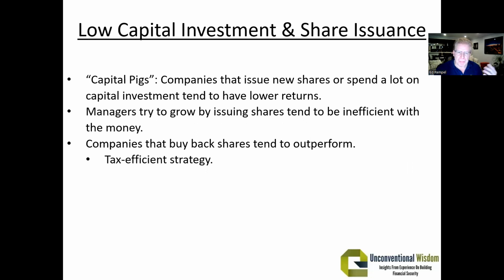The thinking behind it is there's a term called capital pigs. These are companies that constantly issue new shares and then spend them to try to grow. So they keep buying other companies or doing capital investments, and they keep issuing new shares. Companies that do this, the managers tend to be inefficient with how they use their money.